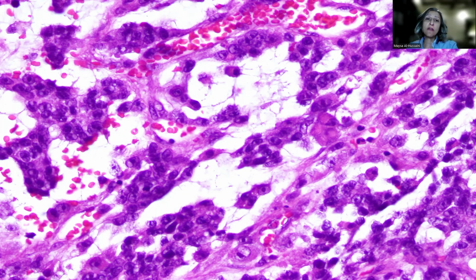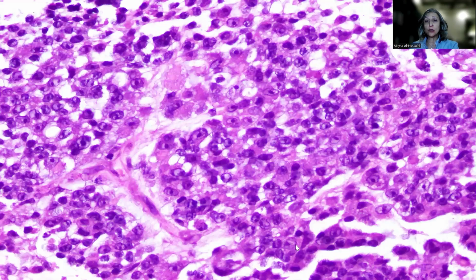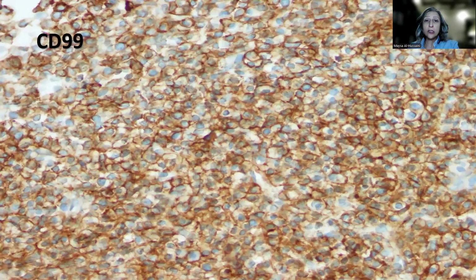Honestly, to me, the first differential diagnosis was an atypical teratoid rhabdoid tumor. And again, another focus where we can see the appearance of the tumor cells. This is just to give you an idea of how sometimes tumors can really look alike, and we have to consider wide differential diagnoses whenever we encounter unusual tumors.